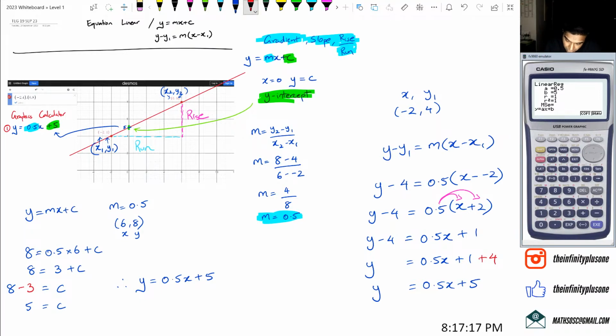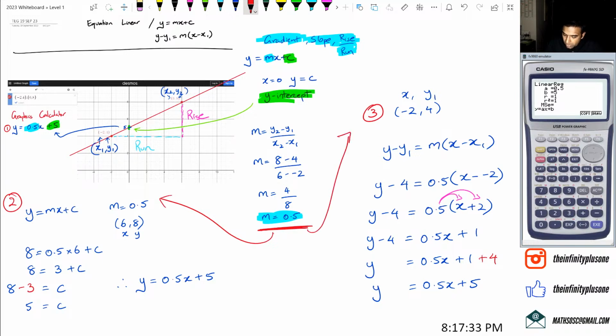So basically, I've shown you this is method 2, and this is method 3. But before you get to method 2 or 3, you need to find the gradient first, and then you could do method 2, or you could do method 3.